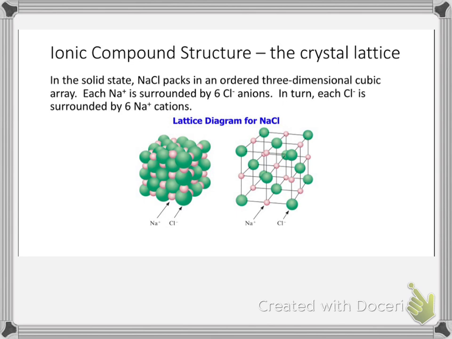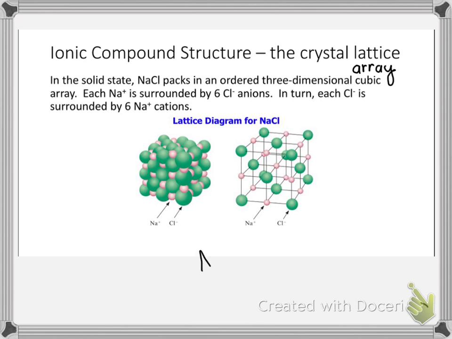Now, the result of this positive and negative attraction, we've mentioned this earlier, is a crystal lattice, also known as a crystal array. It's this pattern of ions. If you think of the ions like little magnets, the positives are attracting the negatives, and the ratio inside this crystal structure would be the same as the ratio in the formula unit.